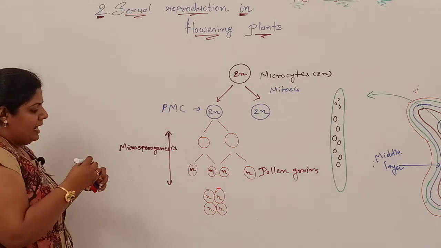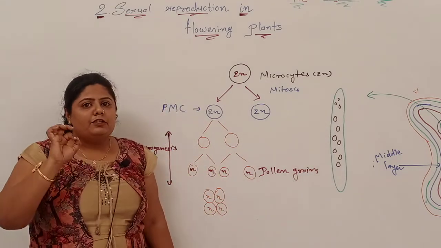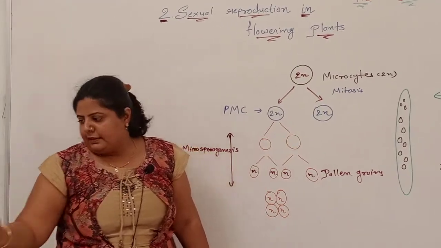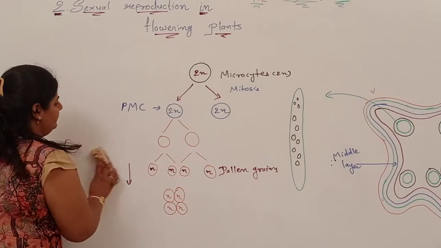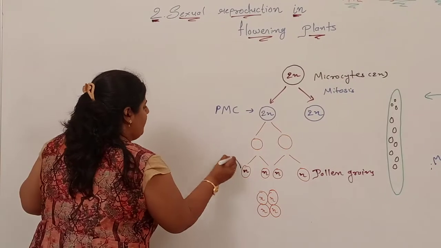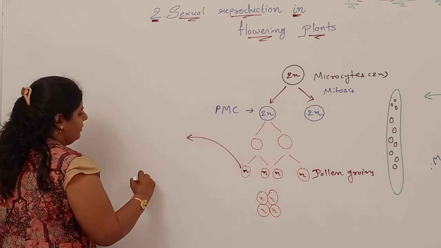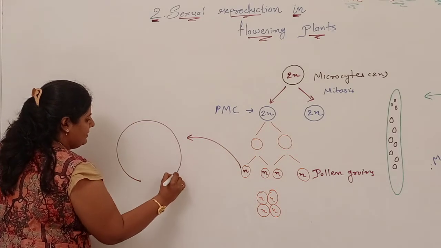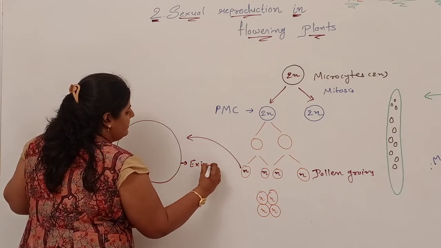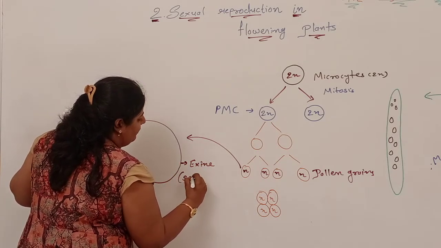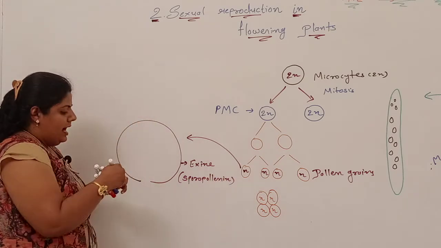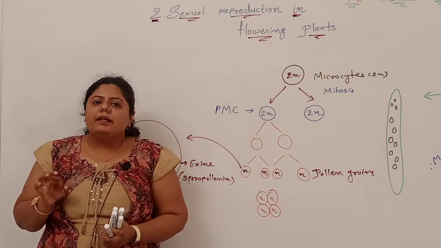So now I am going to explain the structure of a typical pollen grain. Pollen is made up of 2 layers. The outer layer is called exine, which is made up of sporopollenin, the hardest organic material.